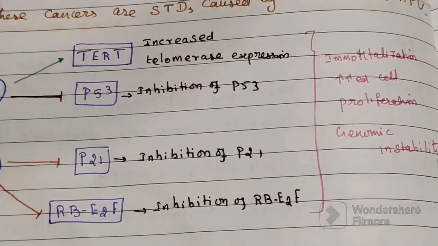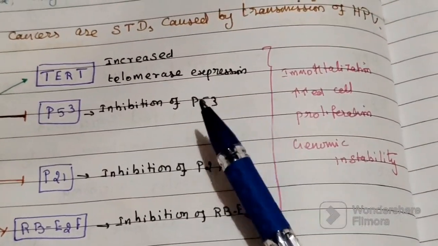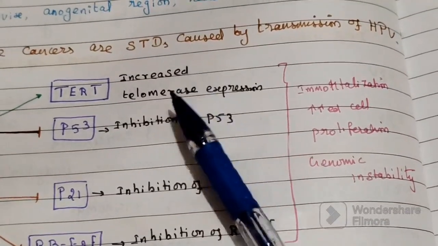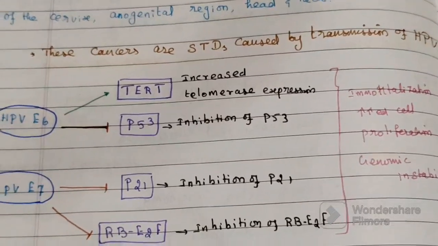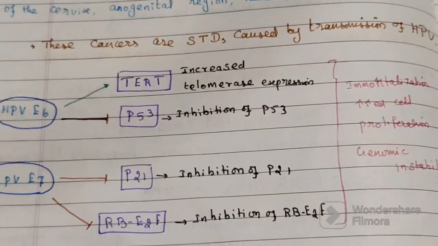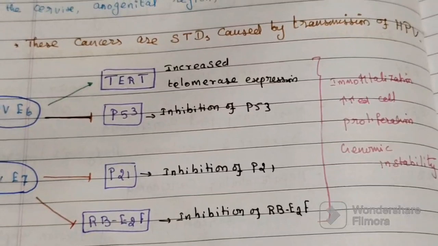So these are the three tumor suppressor genes, and this one is the stimulator gene. That is the mechanism of human papilloma virus.